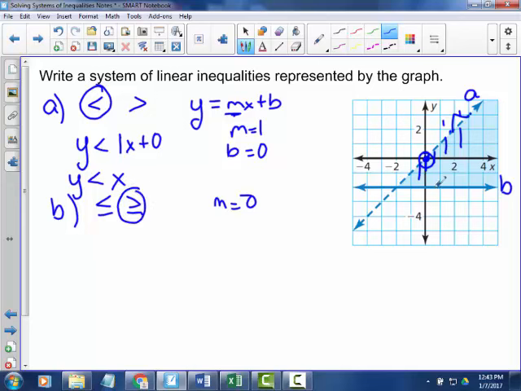And then the y-intercept is here at -2, so b equals -2. So I put that together, and I have y is greater than or equal to 0x minus 2, or more simply, y is greater than or equal to -2.